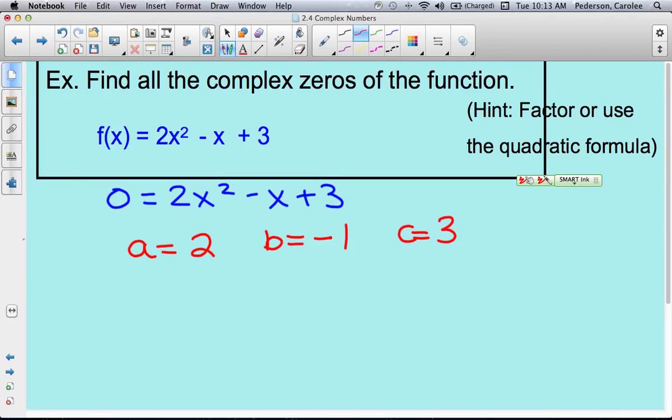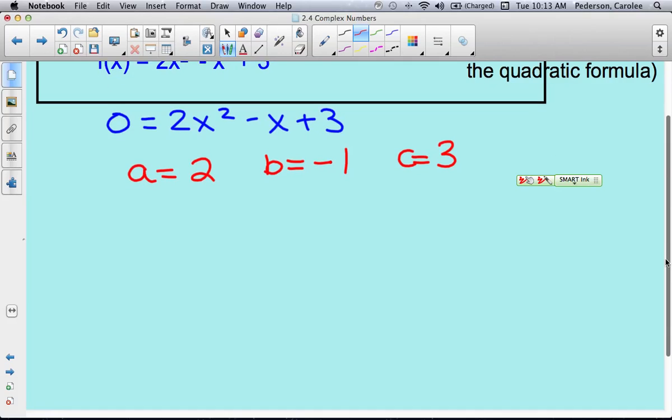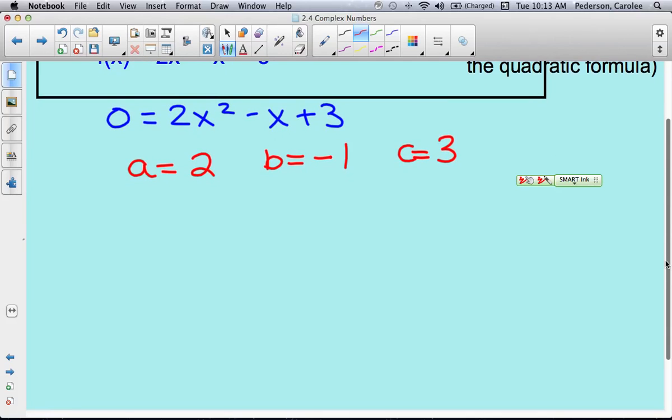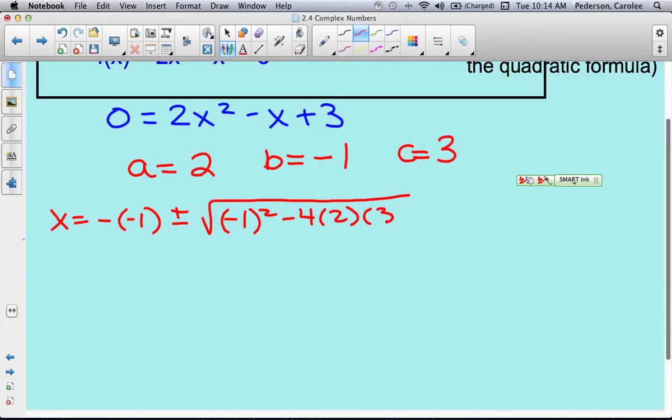And now we substitute those 3 values in the quadratic formula. So x equals negative b plus or minus the square root of b squared minus 4ac, all over 2a.